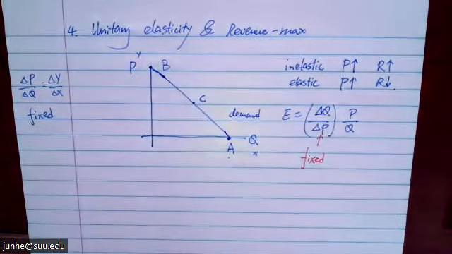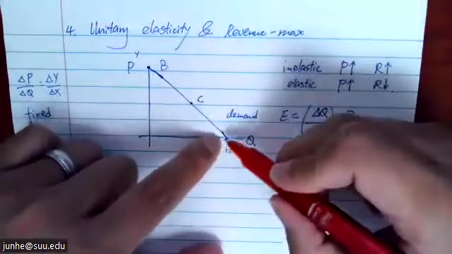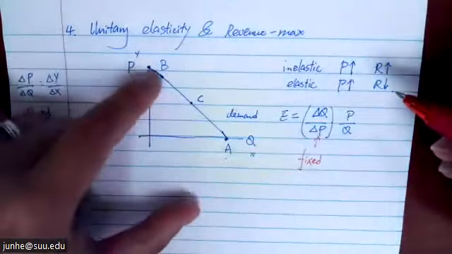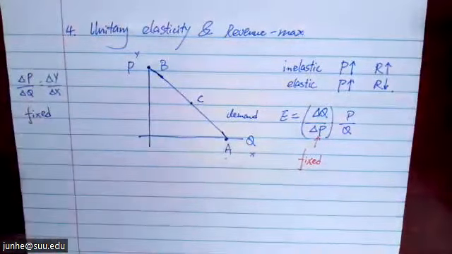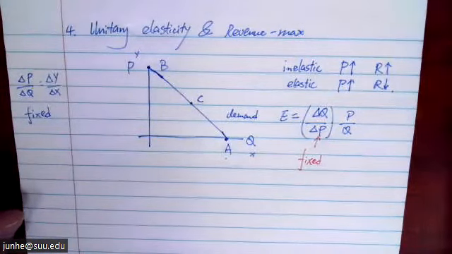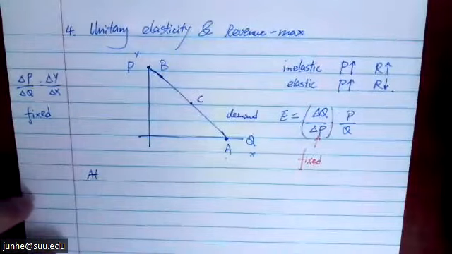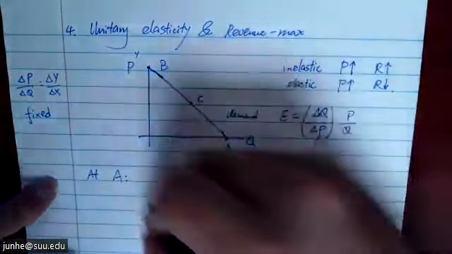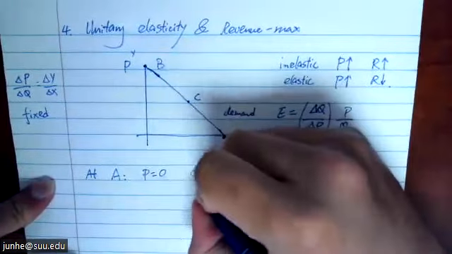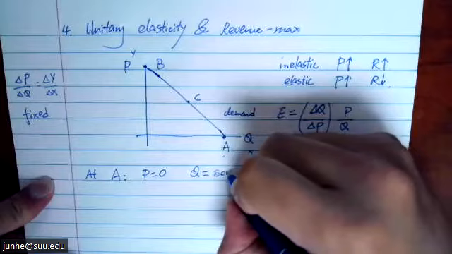Previously our discussion was on price increase, and here from A to B the price is increasing. So let's have our discussion along this trend, from A to B. Let's look at the two endpoints. At point A, price equals 0, and Q equals some constant.